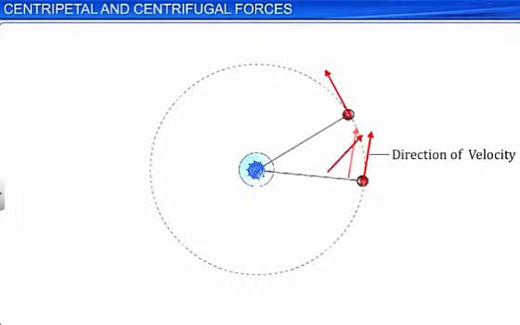The direction of this acceleration is always towards the center of the circular path and is called centripetal acceleration. The acceleration of a particle executing uniform circular motion is due to continuous change in the direction of its velocity and is always directed towards the center of the circle and is called centripetal acceleration.